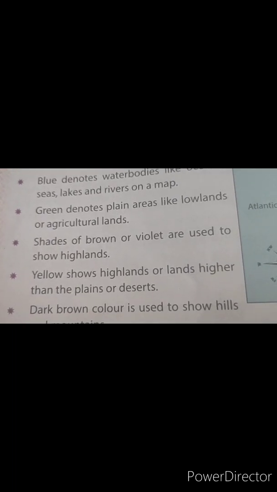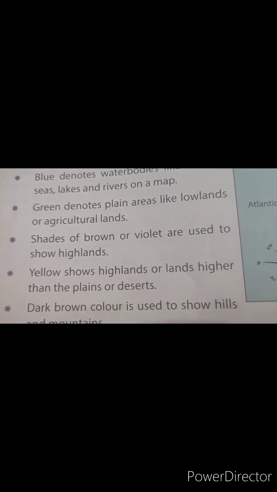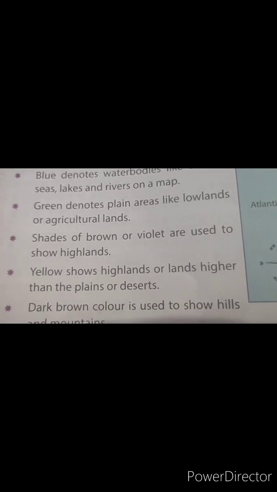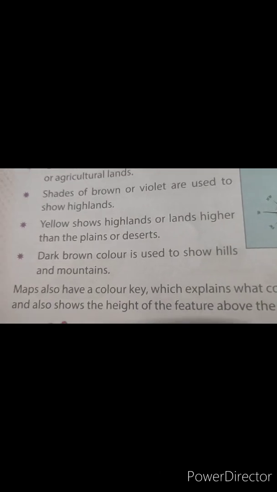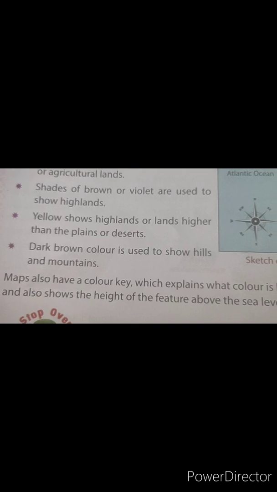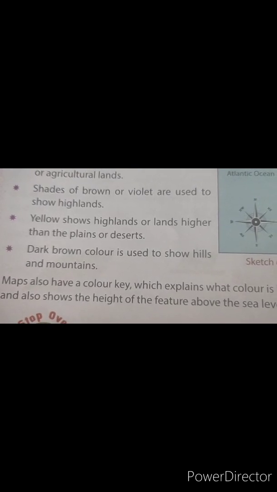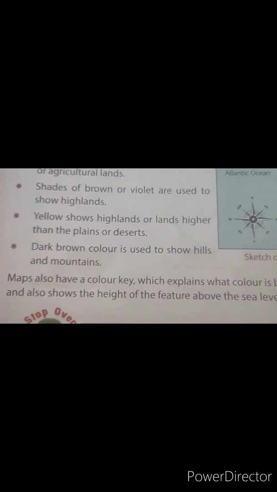Green denotes plain areas like lowlands or agricultural lands. Shades of brown or violet are used to show highlands. Yellow shows lands higher than the plains or deserts.